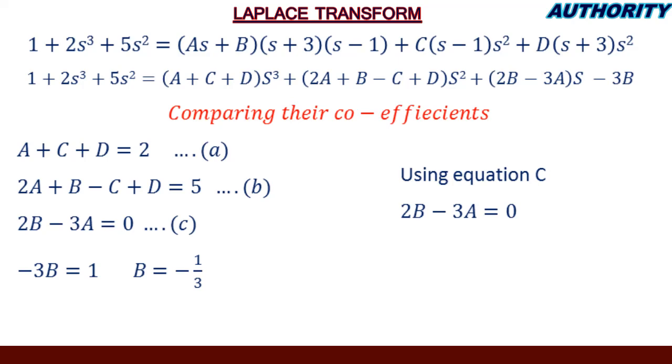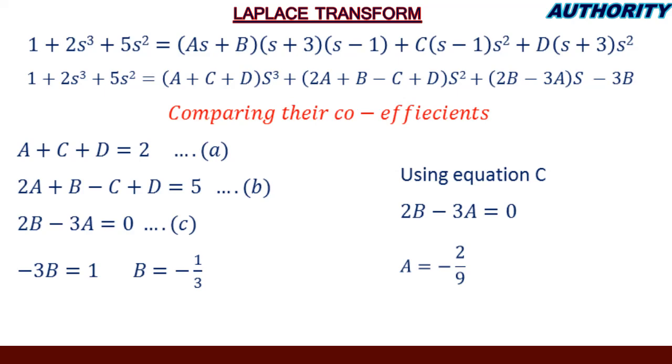Substituting, we say that 2 open bracket minus 1 all over 3 close bracket minus 3a is equal to 0. Multiplying this and taking it to the other side, minus 3a is equal to 2 all over 3. Making a the subject, a is equal to minus 2 all over 9.